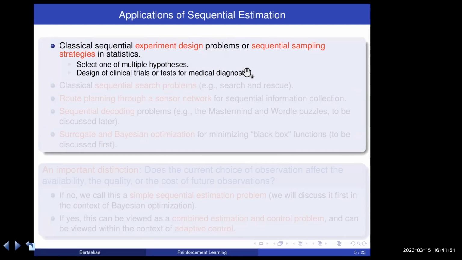So we make various tests until we're reasonably sure that one of the diagnoses is correct. That's the hypothesis that we accept.